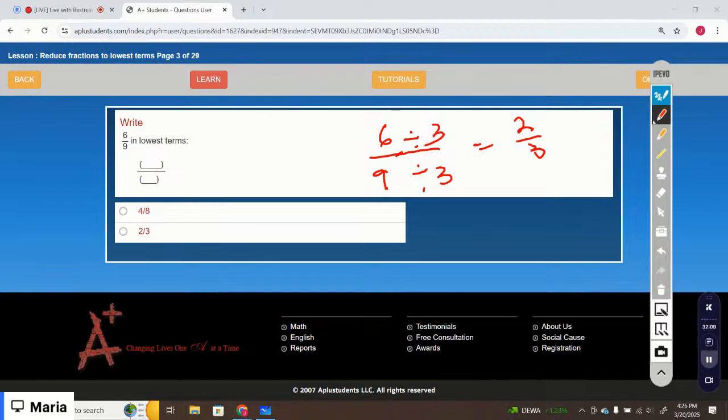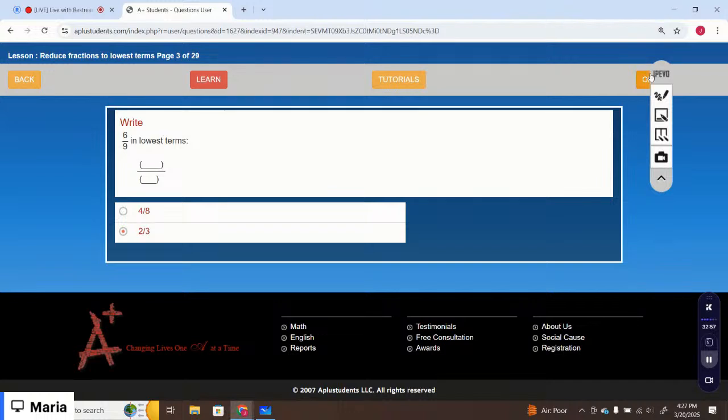So the lowest form is 2 by 3. Option number 2 is the correct option. 2 by 3 it is.